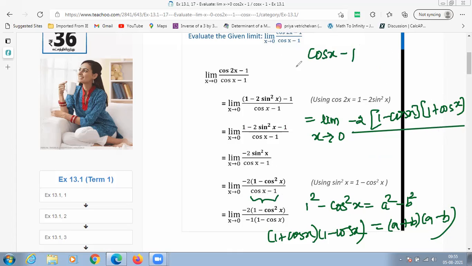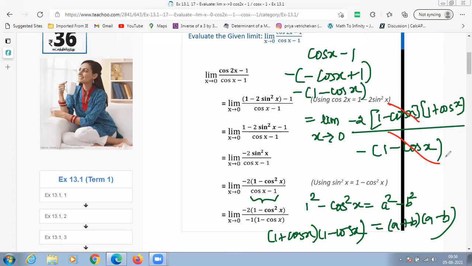I'm just taking the minus out. If I took the minus out, it will become minus cos x and plus 1. So this can be written as minus of 1 minus cos x. Understood? So it will be minus of 1 minus cos x. Right? So that is for the cancellation of this term and this term.